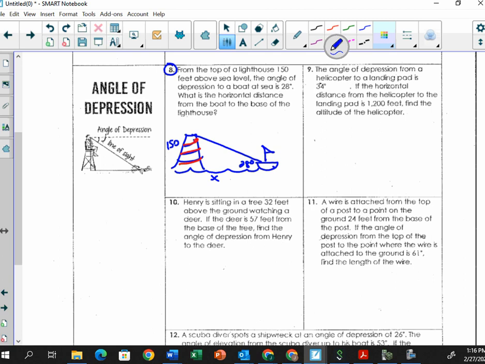Back to number 8. We're almost out of time. Time is flying today, guys. Should we use sine, cosine, or tangent?